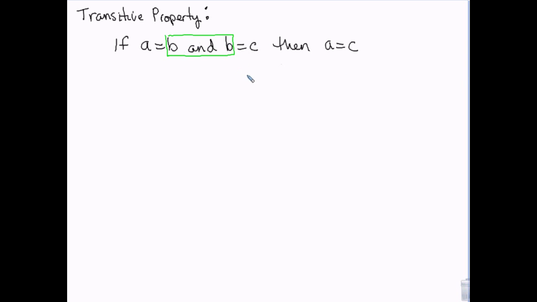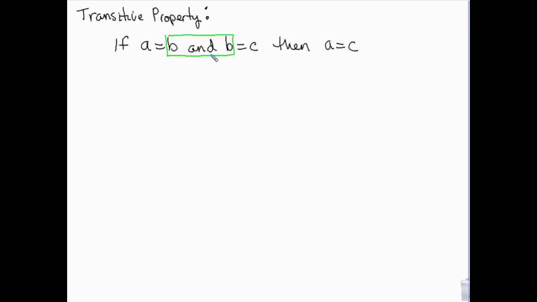It'll always match. It's called transitive property because you're transitioning from A through B to C. So it's not as direct as the substitution property, but they both kind of do the same thing. They both take something out and replace it with something else. In this case, you're sort of taking out the B and just saying A and C are now equal to each other.